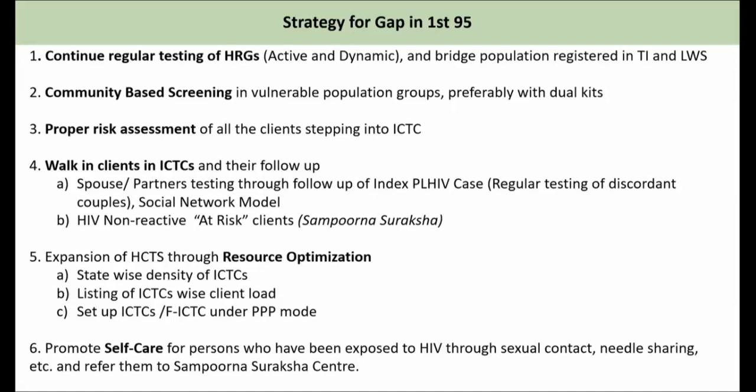Those things can be taken care of, and accordingly we can plan our scale-up plan for the ICTCs. Then the other important thing in reducing the gap in the first 95 is promoting self-care for persons who have been exposed to HIV through any sexual contact or needle sharing, informing them about the importance of self-care and linking them appropriately with the Sampurna Suraksha centers.